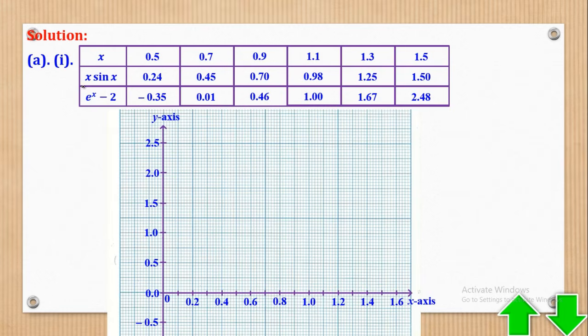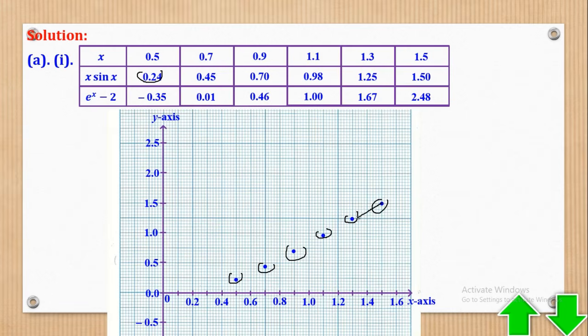Now we shall start with one graph, plot it fully, and then go to the second graph. If we start with the first graph, the first value is 0.24, so we plot it there. The next value is 0.45, the next is 0.70, next is 0.98, next is 1.25, and lastly 1.5.